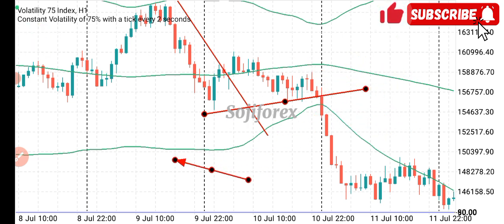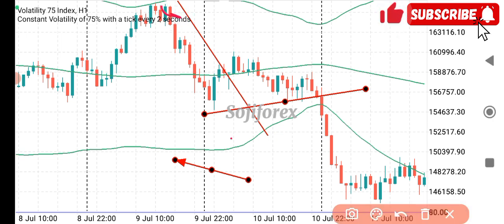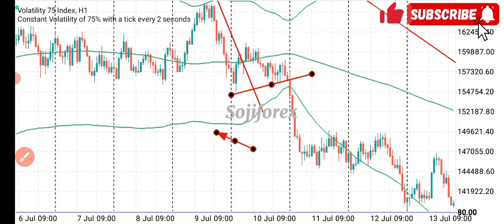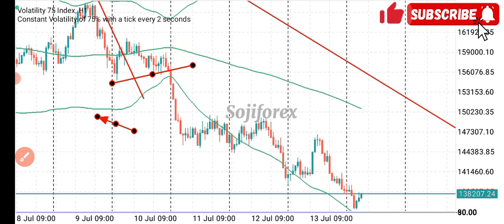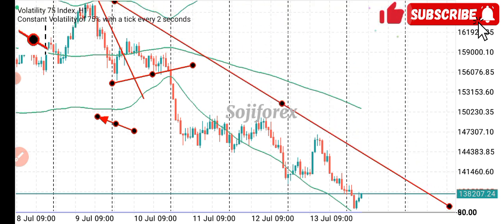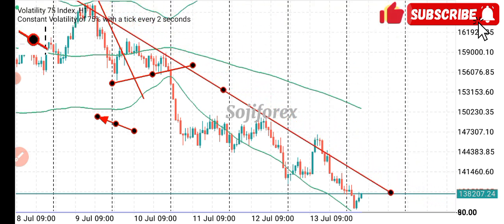Now that I have point A and I have my point B, I can now connect my trend line, right? So now that brings me to the normal trend line that I know. I will now bring my trend line and connect it.